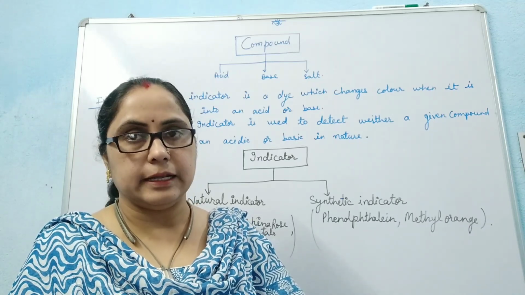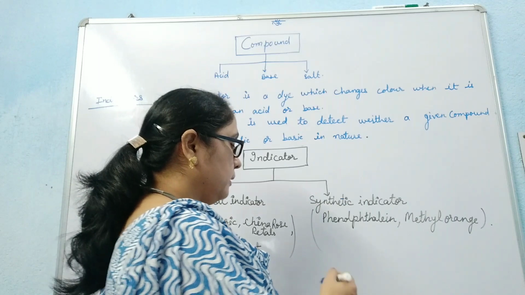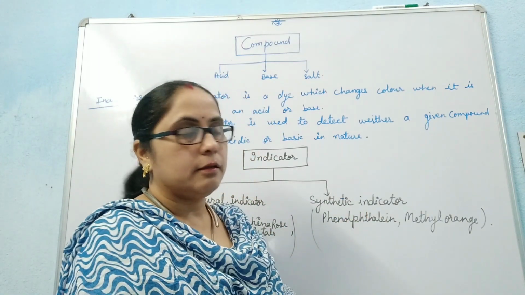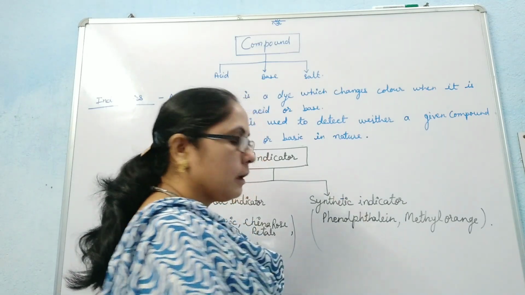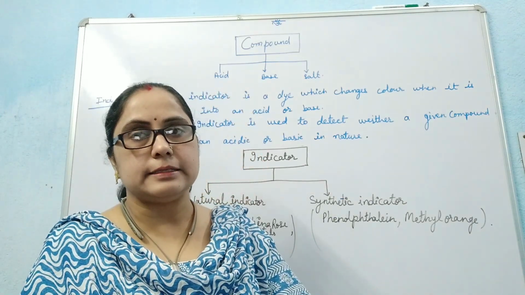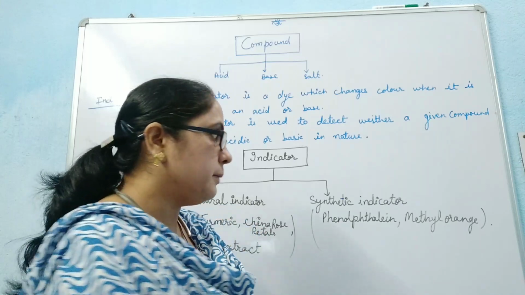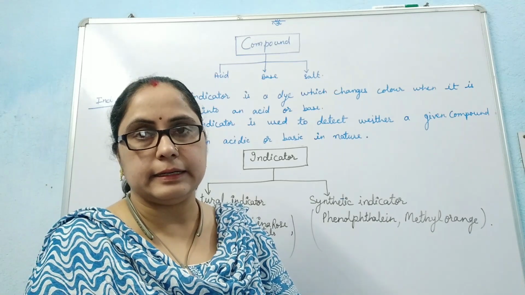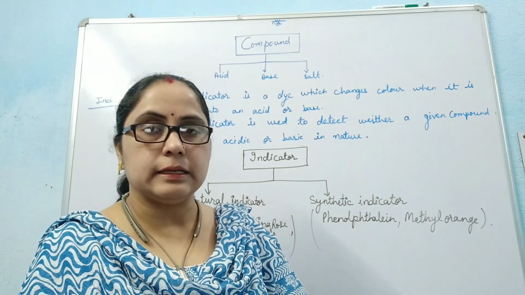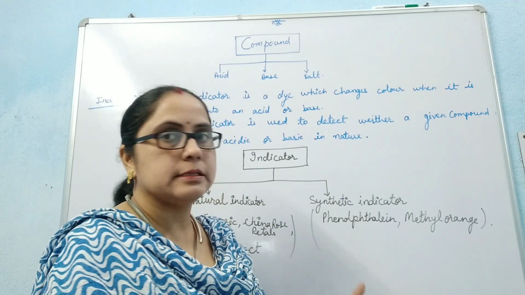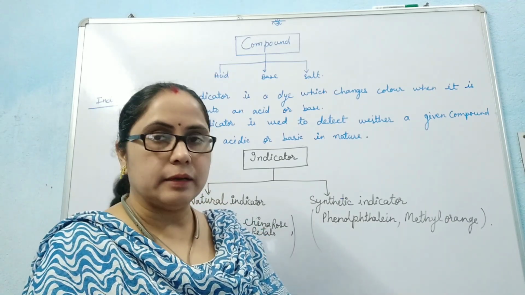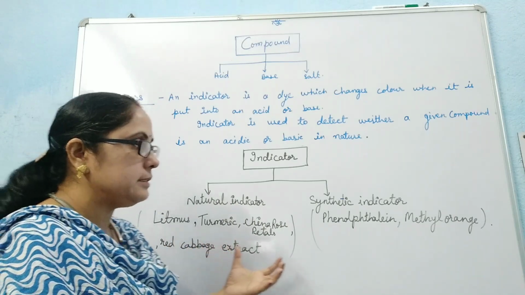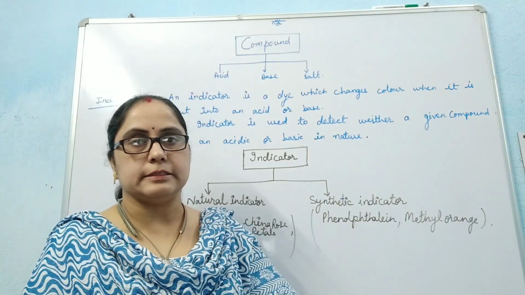For example, the most common synthetic indicator is phenolphthalein, which changes color in acid or basic solution. Similarly, methyl orange is also a synthetic indicator which is orange in color, and phenolphthalein is colorless. One by one we will discuss these natural and synthetic indicators.